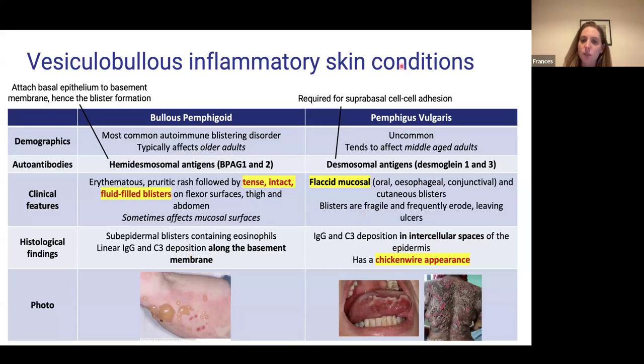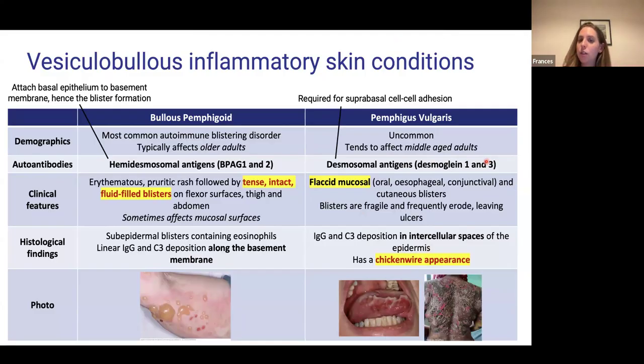Okay, in contrast, pemphigus vulgaris is actually a really uncommon condition, and it tends to be in more like middle age. What you find is that it's in your desmosomal antigens, so desmoglein 1 and 3, and these are actually causing adhesion between the different suprabasal cells in the epithelium, i.e. the epidermis itself, right? So they're allowing the cells to adhere to one another.